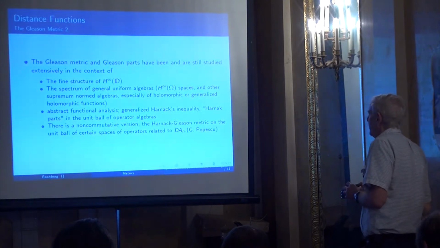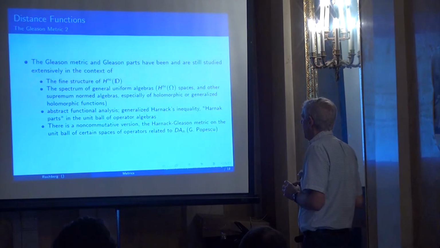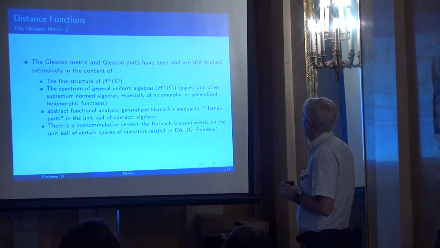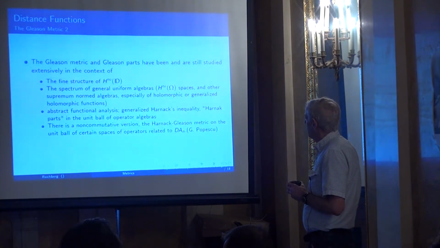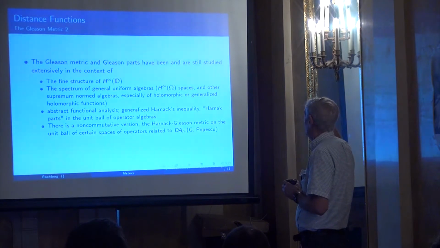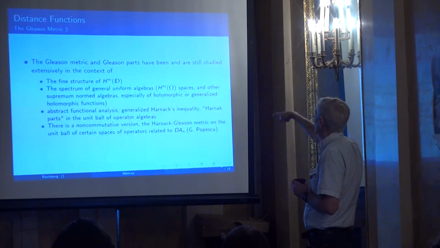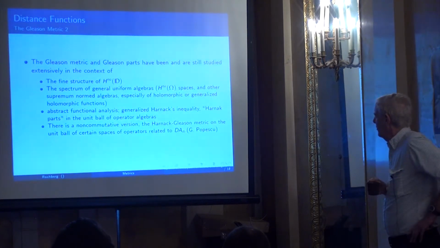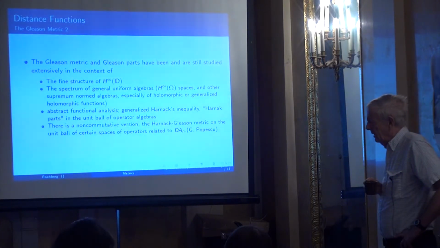In the early days, when H infinity was a topic of great interest, there was a great deal of study of the spectra of other algebras of H infinity of other domains, again using the Gleason metric. But the Gleason metric is actually a more abstract concept.